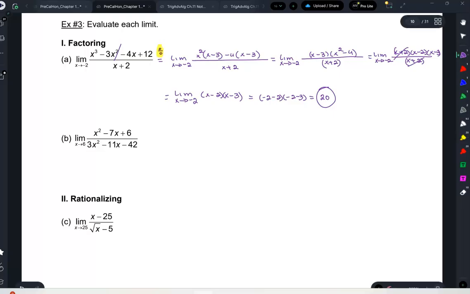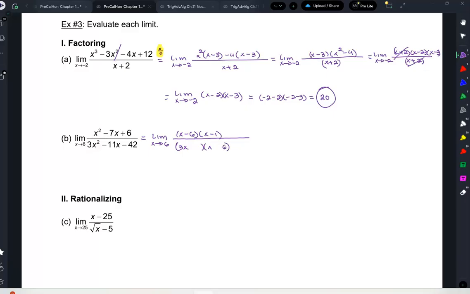All right, so this one too, when you put in 6, you get 0 over 0. So we're going to have to factor this. Let's go ahead and do that. This is the limit as x approaches 6. How does this factor? x minus 6, x minus 1 over, what is it, 7 and 6?